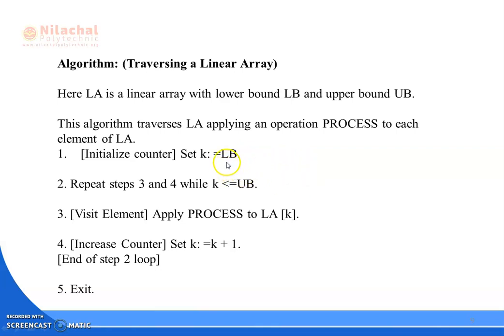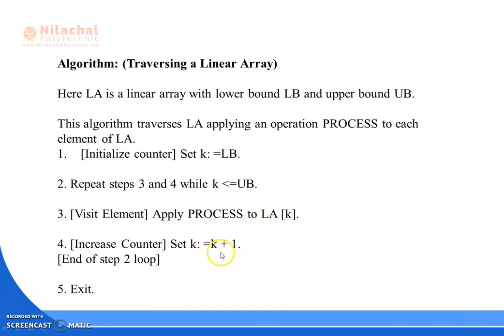So 0 is the lower bound and 2 is the upper bound here. In the second step, it will ask: is 0 less than or equal to the upper bound, that is, 0 less than or equal to 2? Yes. Then we will be visiting LA of 0, that is the first element of LA.